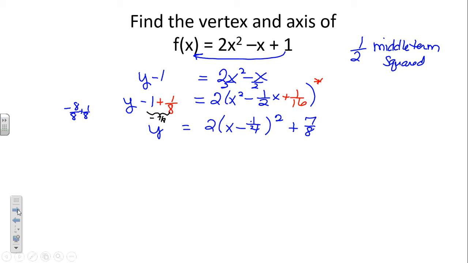Okay. Now we can find the vertex. Vertex is a point. What is that point? Positive 1/4, 7/8. We changed the sign of this one, but not that one. Okay. And our axis, x equals 1/4.